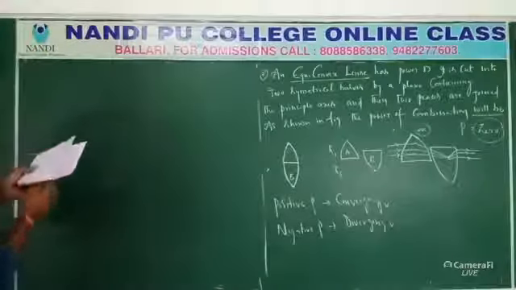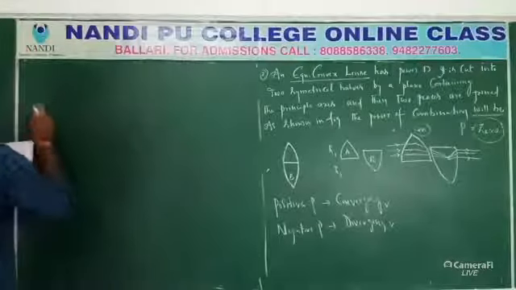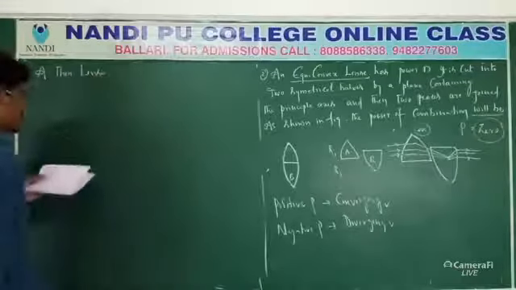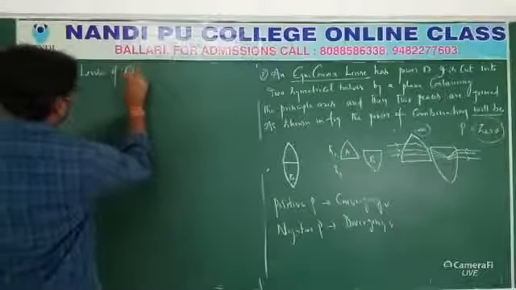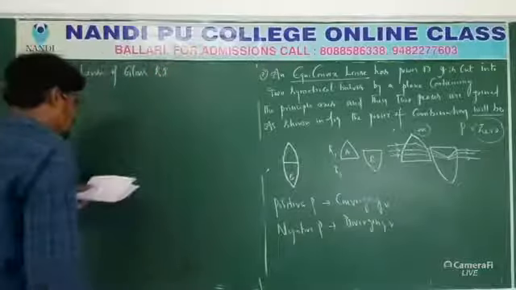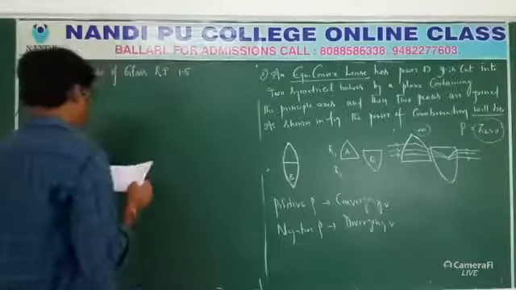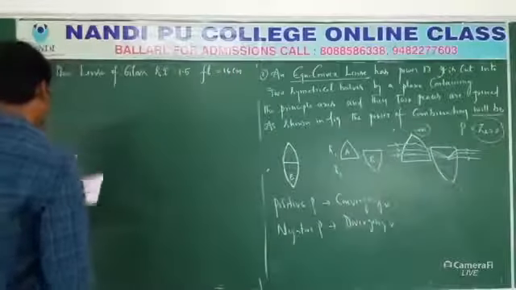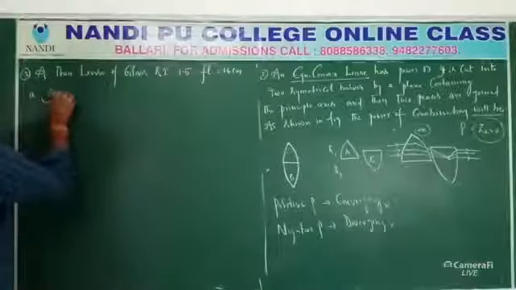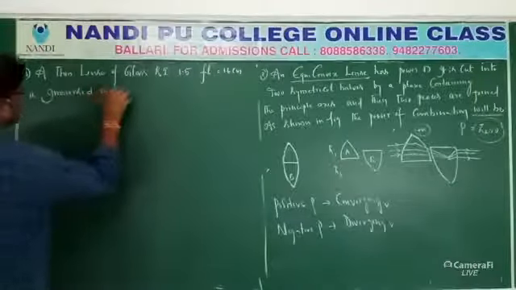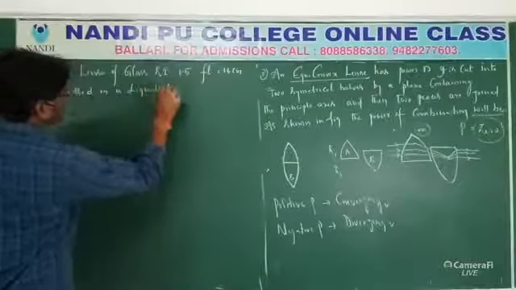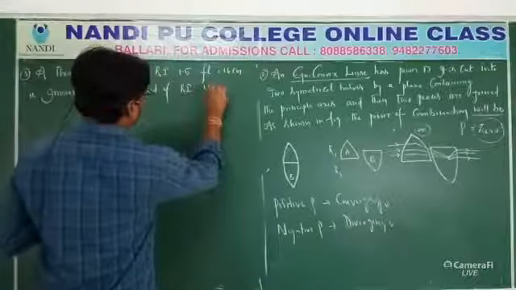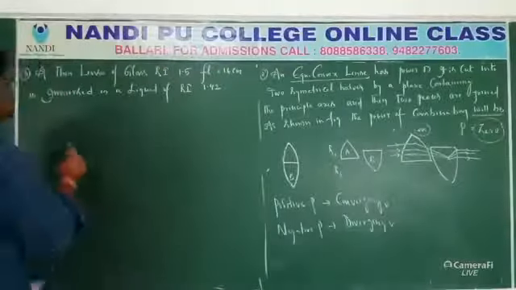The question is: a thin lens made of glass, refractive index 1.5, focal length 16 centimeter, is immersed in a liquid of refractive index 1.42.